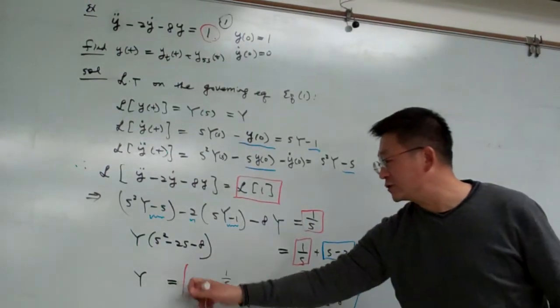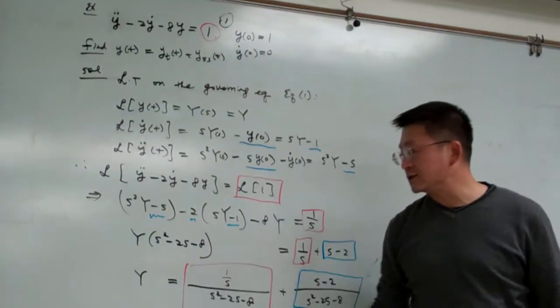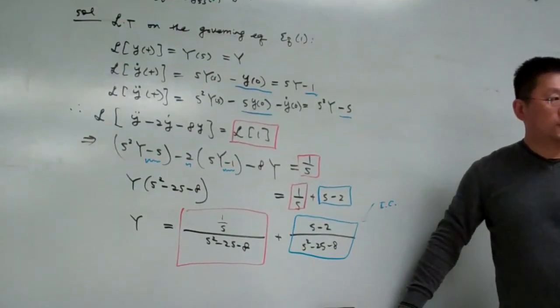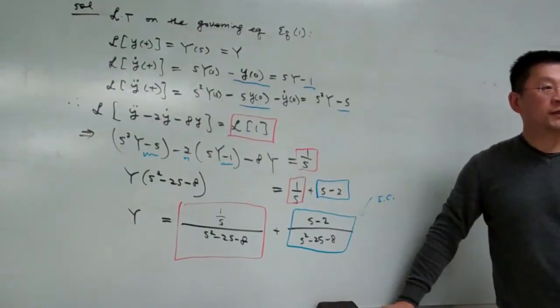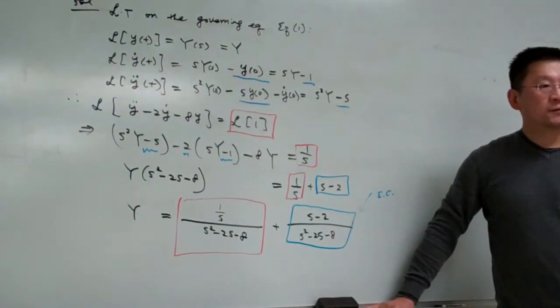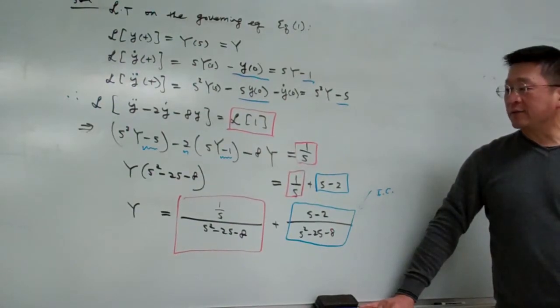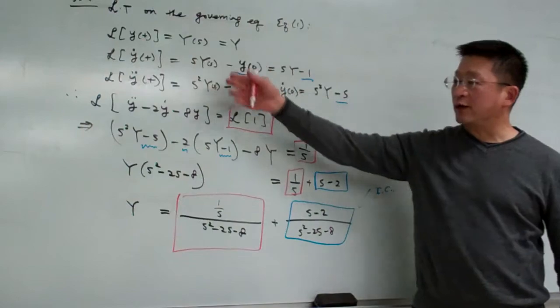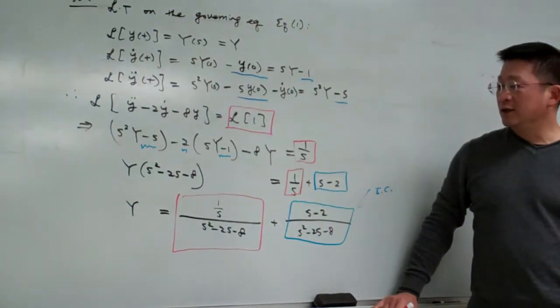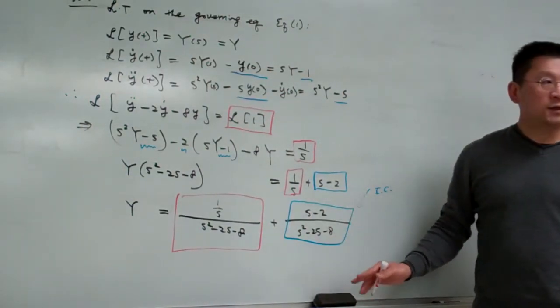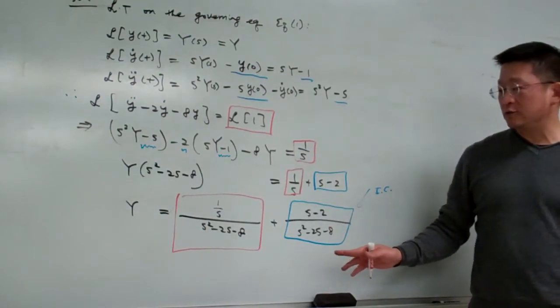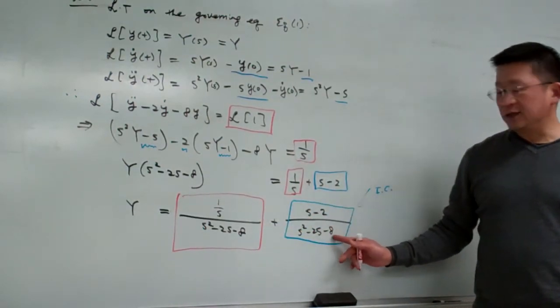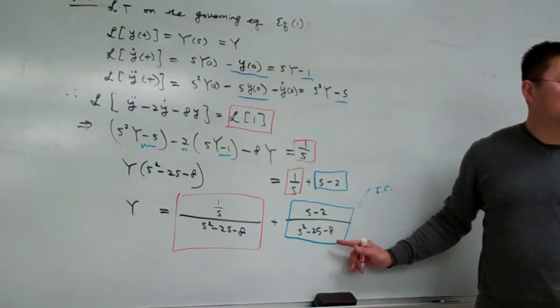That means this term corresponds to the Laplace transform of the particular solution or transient solution. Good? So here it is pretty much clear. If we plug into the Laplace transform table correctly, then basically what we are doing is combining the calculation for the particular and the transient solution simultaneously.